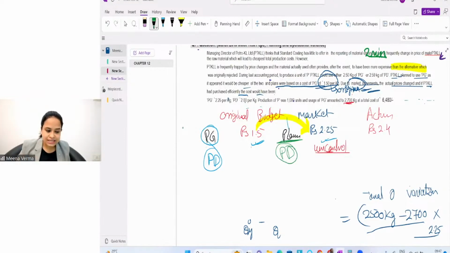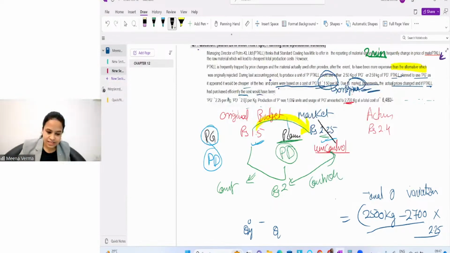See, the price is increasing from 1.5 to 2. ठीक है, ₹2. This is beyond control, uncontrolled. ठीक है, but ये जो price rise है from 2 to 2.5, you can control it now. How can you control it? You can avoid paying this high amount. This high payment can be avoided.